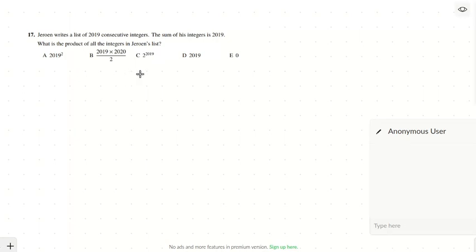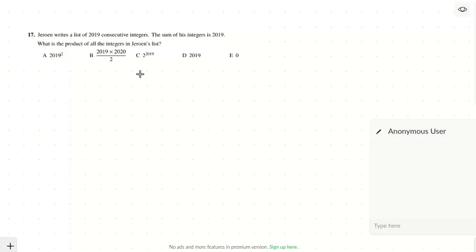Because, if you've got the first 2019 consecutive integers, that will obviously add up to way more than 2019. And so in that list, you must have some negative consecutive integers in order to bring it back down to 2019.